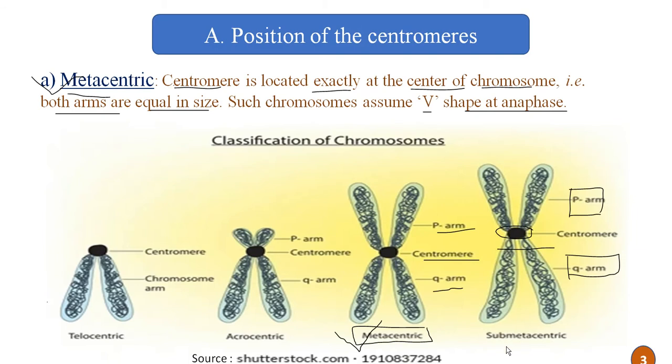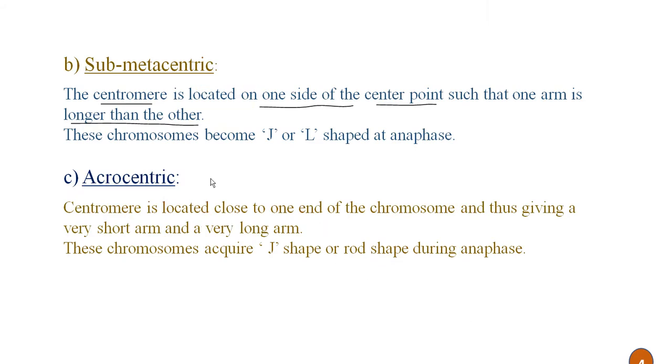So it is a submetacentric. Submetacentric are also called submedian, and due to this position of the centromere, the chromosome becomes J shape or L shape during the anaphase. So this is the submetacentric chromosome having the centromere located at one side of the center point, and due to this, one arm is shorter and another arm is longer.